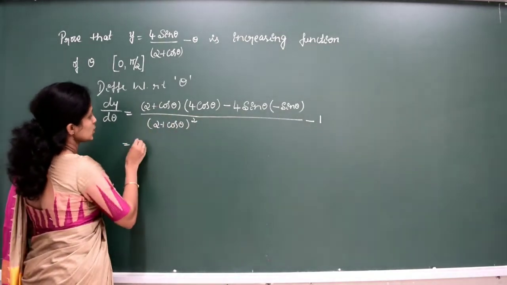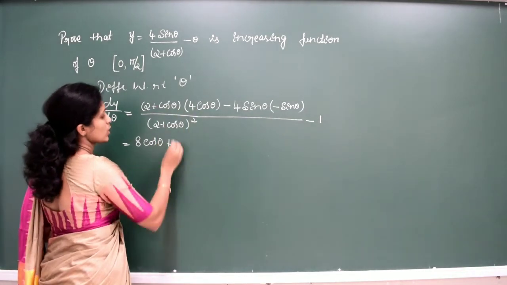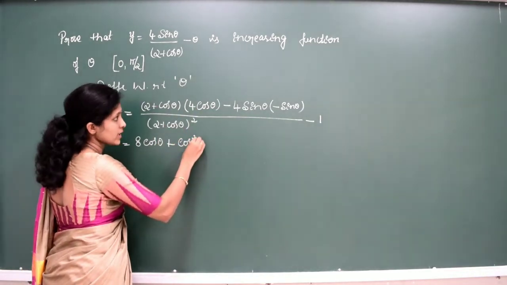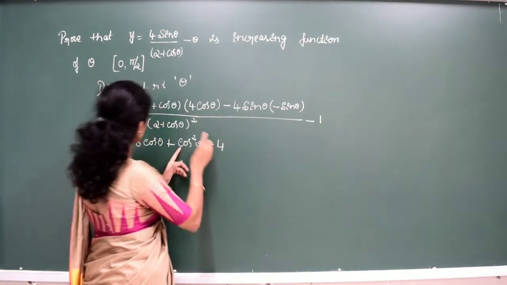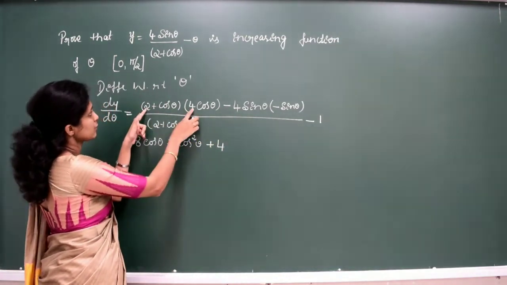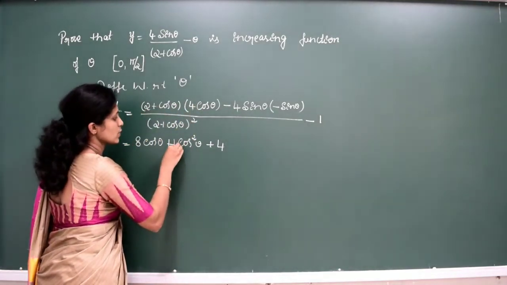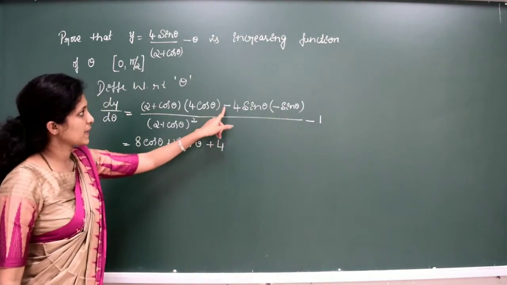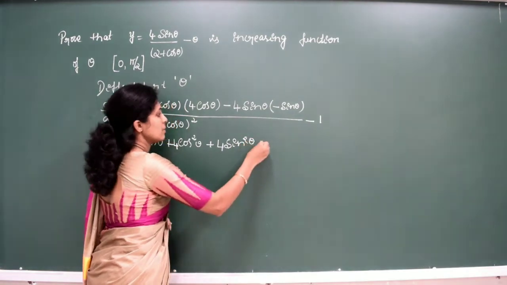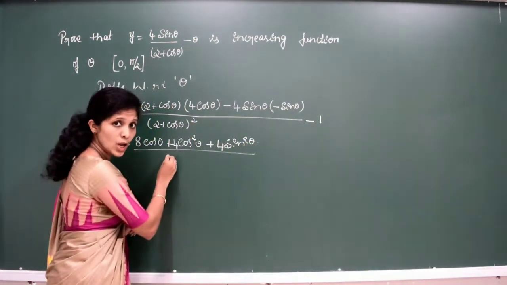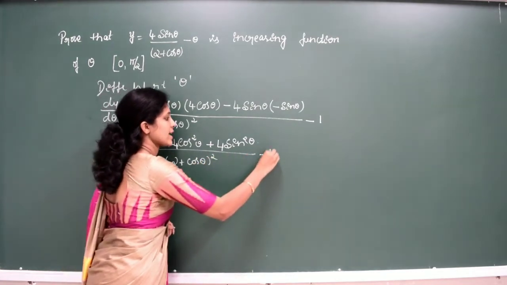Now we will simplify this. So 4 into 2 will be 8 cos theta. Sorry, I missed the 4 here. 4 into cos theta will be 4 cos square theta, right? Minus into minus will be plus 4 sin square theta, divided by (2 plus cos theta) whole square, minus 1 as it is.